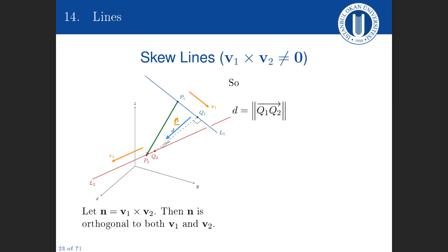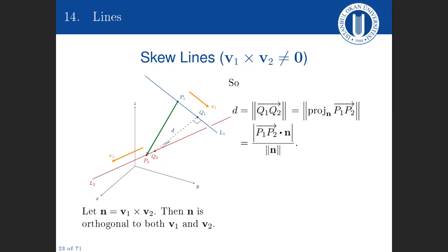So this distance, that's the norm of the vector from Q1 to Q2. Q1 to Q2 is just the projection of the vector P1, P2 onto n. It's the part of the vector from P1 to P2 which points in the same direction as the vector n. And we have a formula for the projection of a vector onto a vector from last week. We'll use that here.